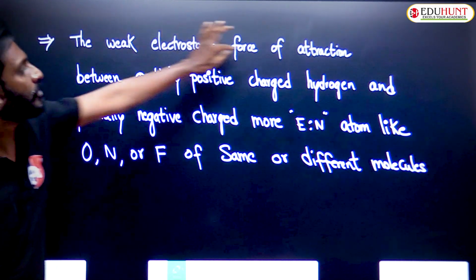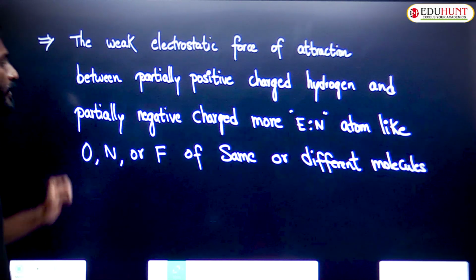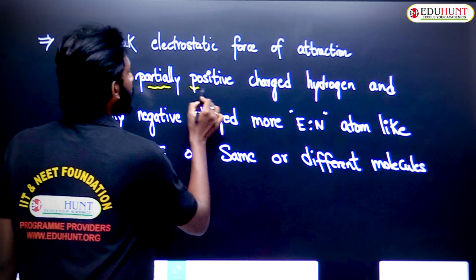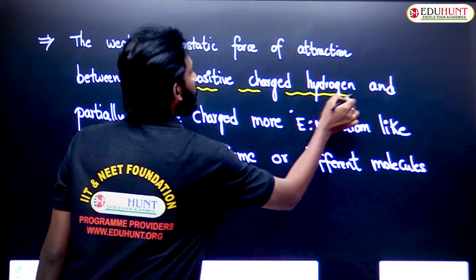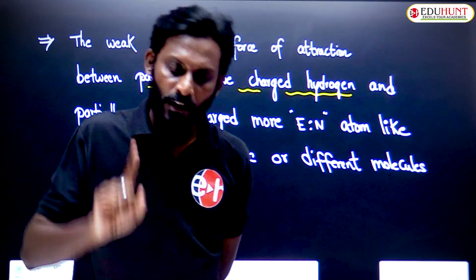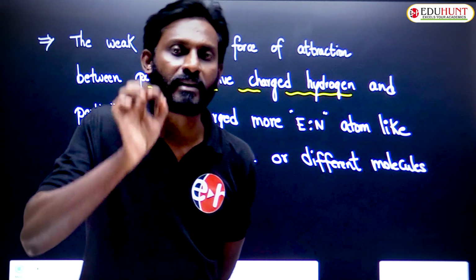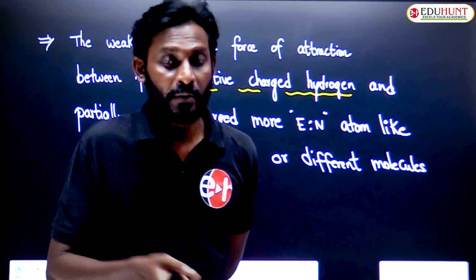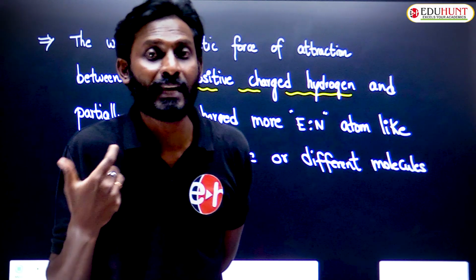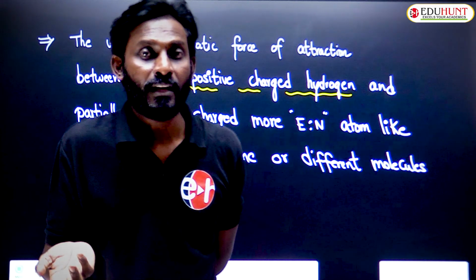The weak electrostatic force of attraction between what is important here? Partially positive charged hydrogen. This must be present. Hydrogen must be present, and on that hydrogen there must be a partial positive charge. But when will hydrogen with partial positive charge appear?